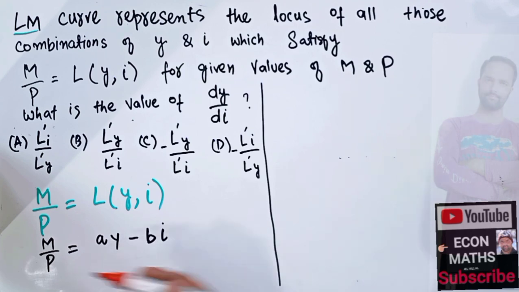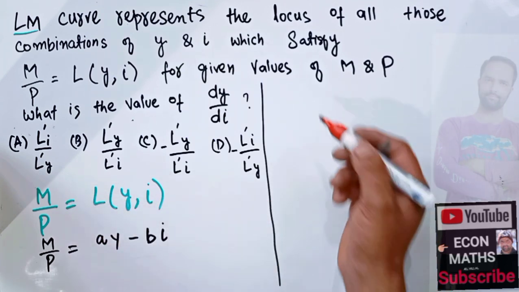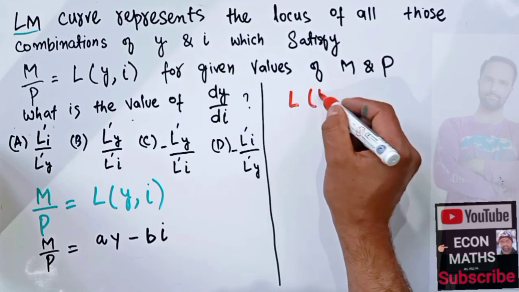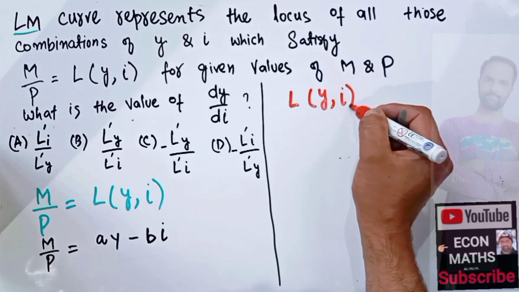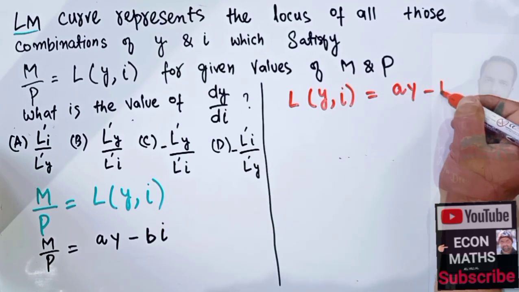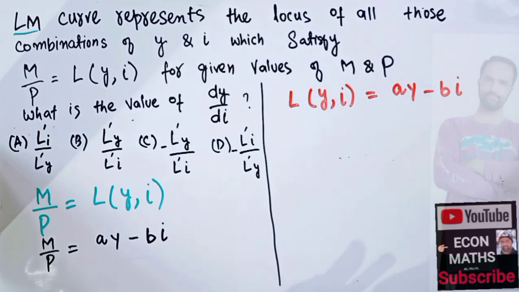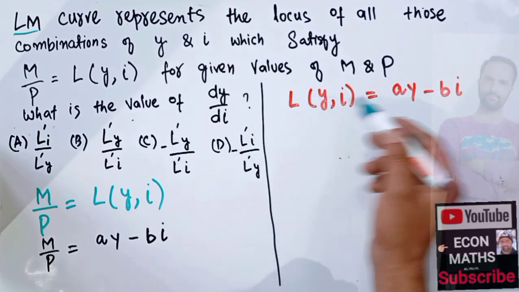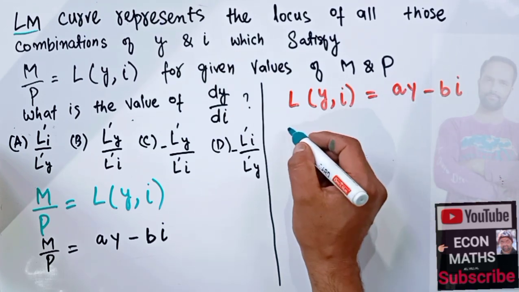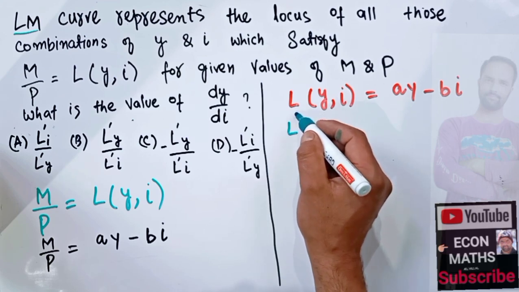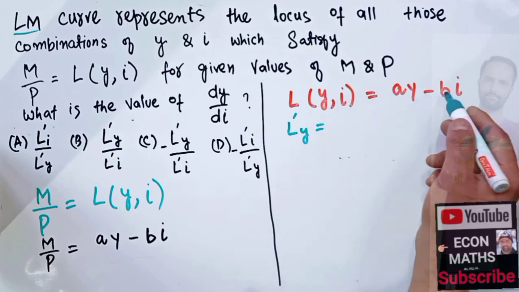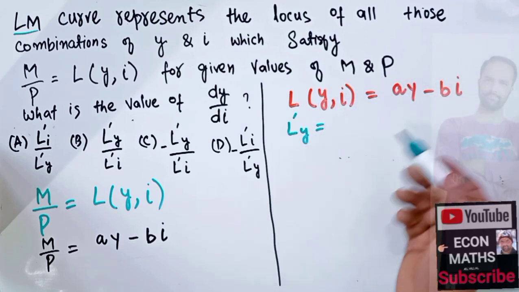Now, if I write this equation, let us first write L, which is a function of income and interest rate, which is equal to AY minus BI. Let us first solve this. Let's take the partial derivative of this function with respect to income first. So L dash y denotes the partial derivative of this function with respect to income.